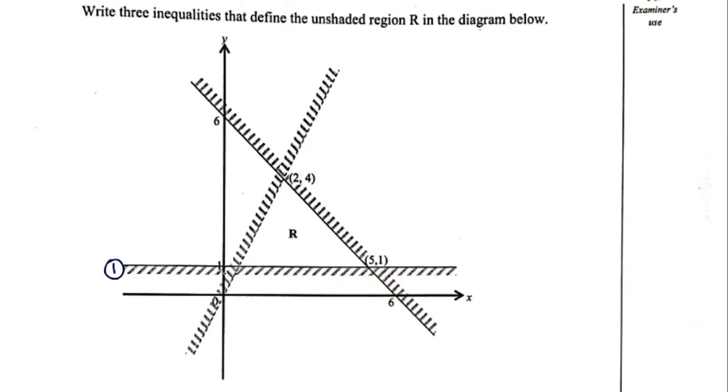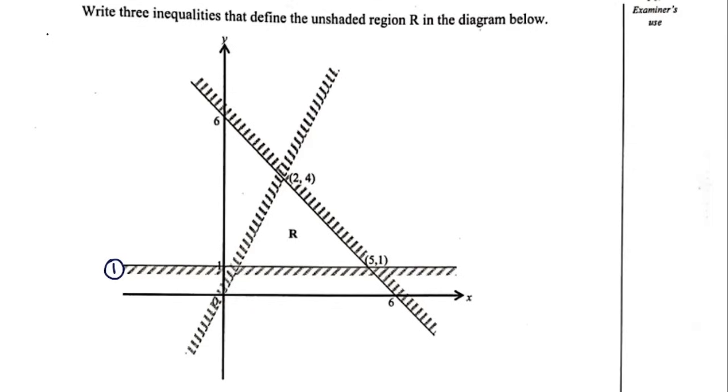There is no need of calculating because this line is parallel to the x-axis. If a line is parallel to the x-axis or the y-axis, we'll just get the value of the axis where it is crossing. So this line here is cutting the y-axis at 1.